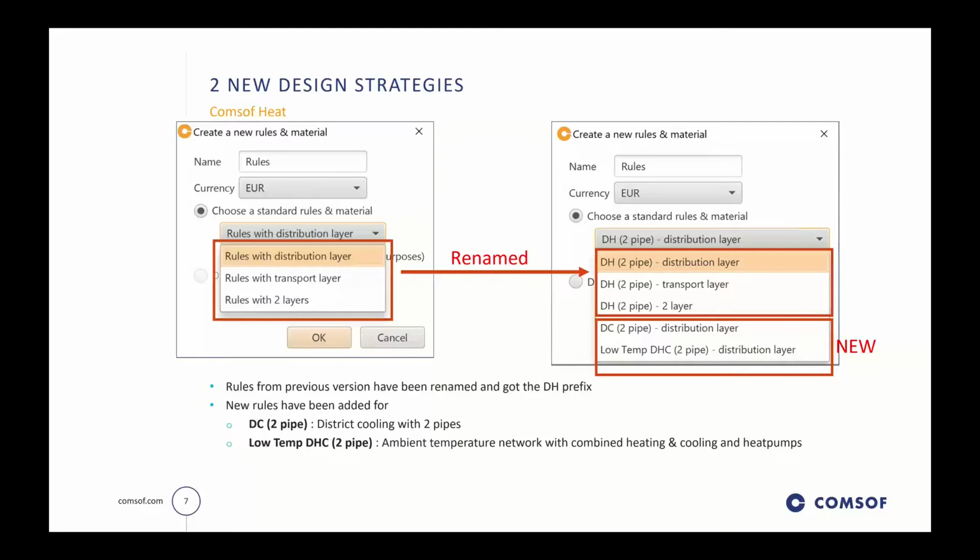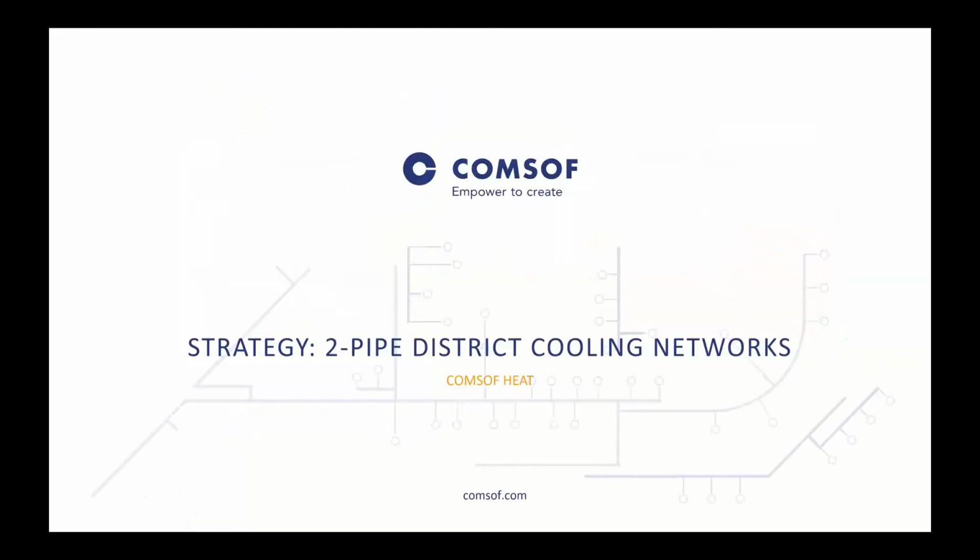And we have added two new strategies when creating the rules: one for district cooling for the distribution layer, and one for low temperature district heating and cooling, so combined heating and cooling in a two-pipe configuration in combination with heat pumps. So let's look at the first one now. The first new strategy is two-pipe district cooling networks.